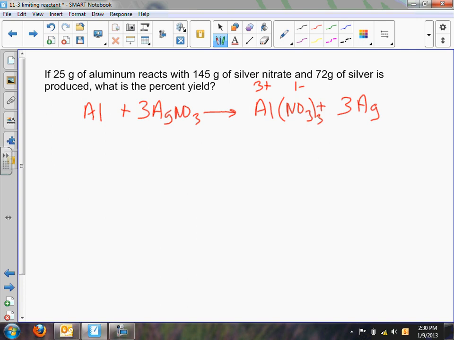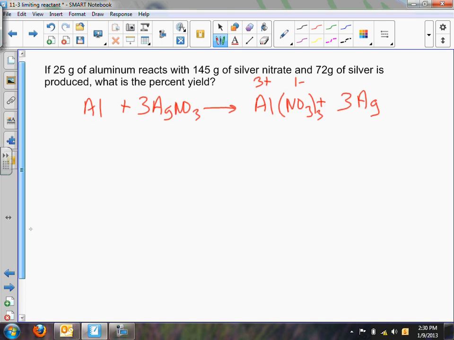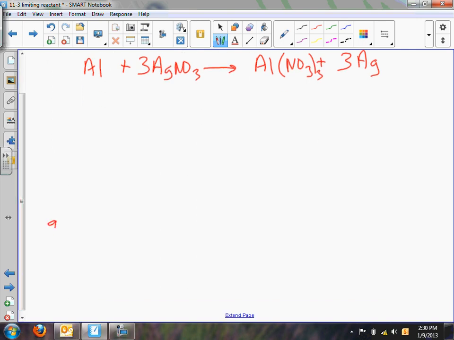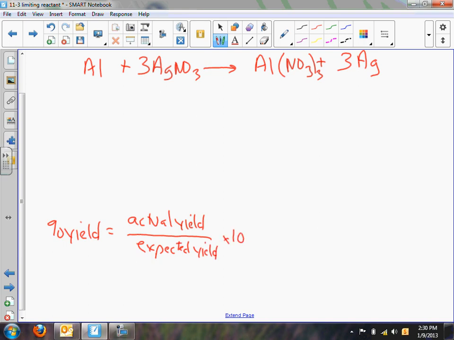Well, to figure out percent yield, the equation for percent yield is your actual yield divided by your expected yield, and then take that times 100.